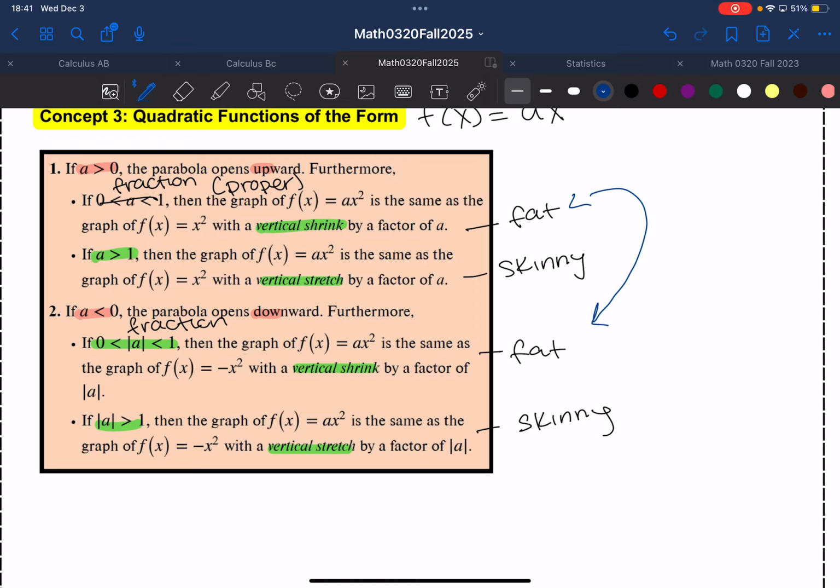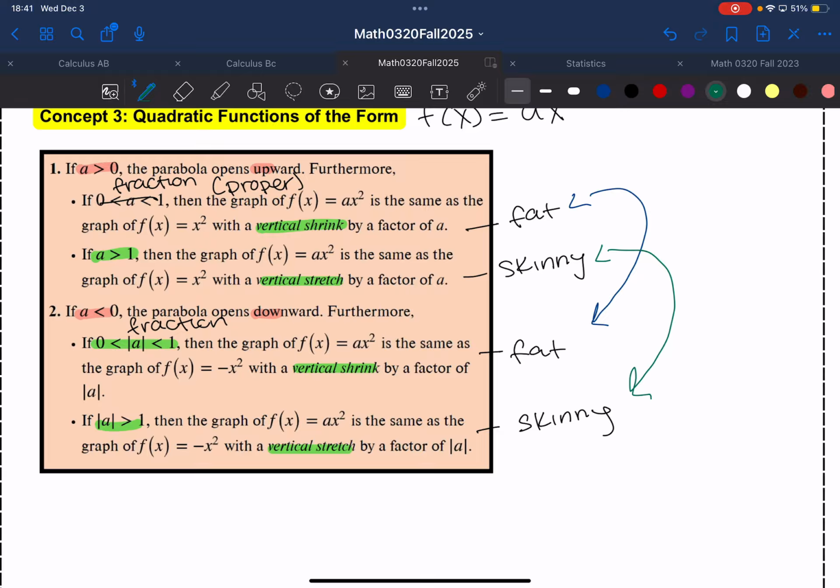And then these ones are the same. No matter what, if the a value itself is greater than 1, then we're going to have a vertical stretch, which means we have a skinny graph.